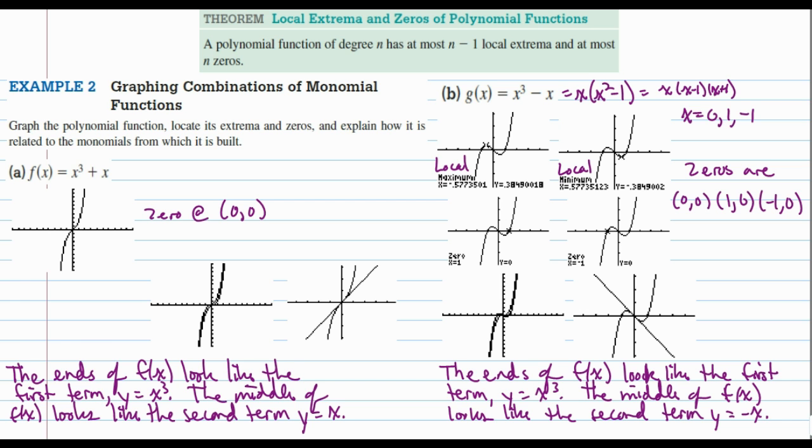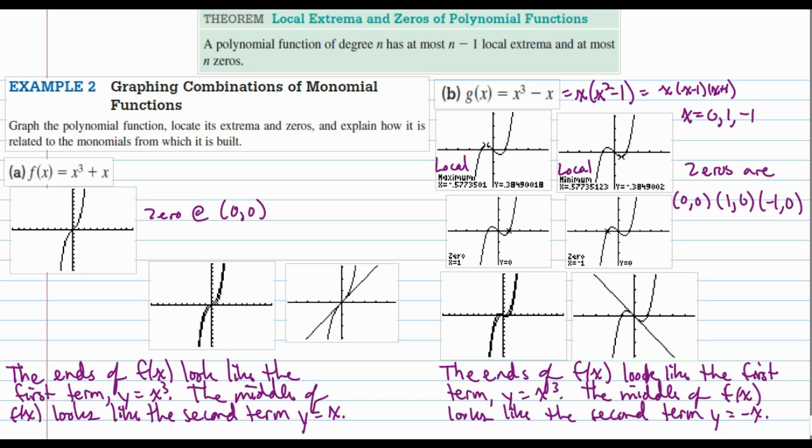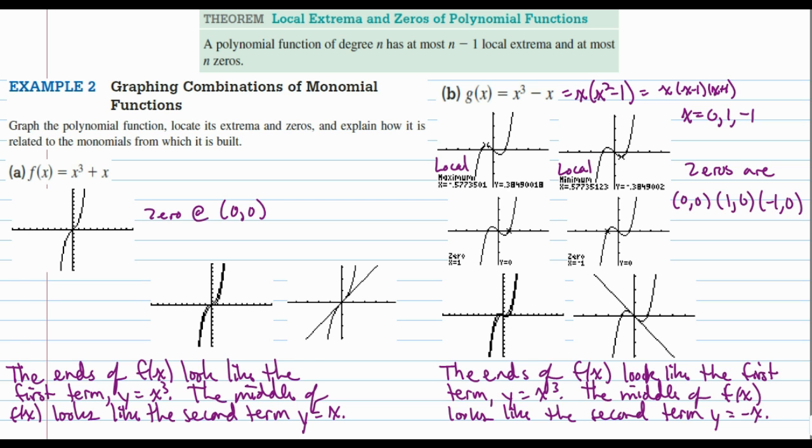Now I want to point out here that theorem that we talked about at the beginning of the example: a polynomial function of degree n, so like this is degree 3, has at most n minus 1 local extrema. So in our example B over here, we found out that at most it has 2 extrema, the degree minus 1.